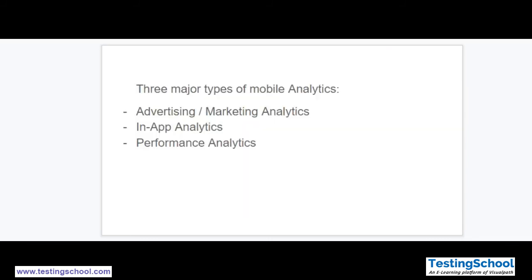Let's summarize the points. The first one is marketing analytics, which gives you the ability to attribute installs and user engagement to a specific ad publisher and ad network, which enables you to allocate your ad spend to the highest performing partners, credit the correct publishers, avoid crediting multiple publishers for the same install, determine CPI, and measure the true LTV of users.